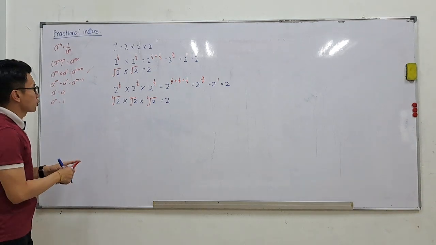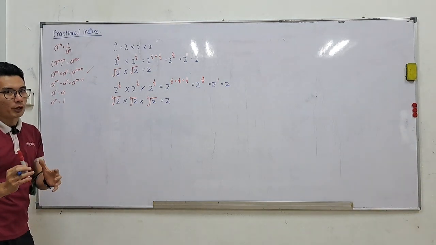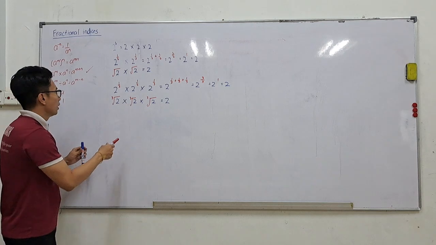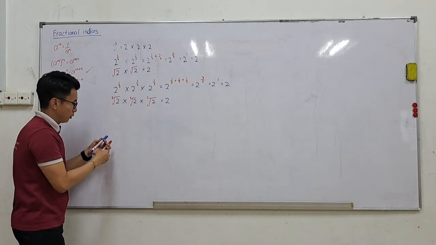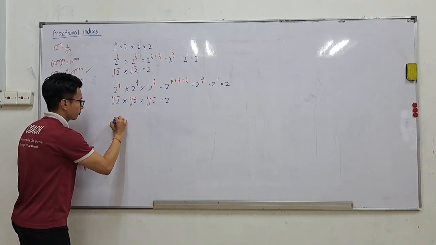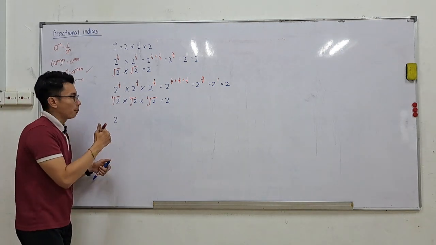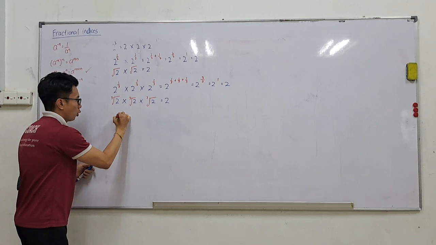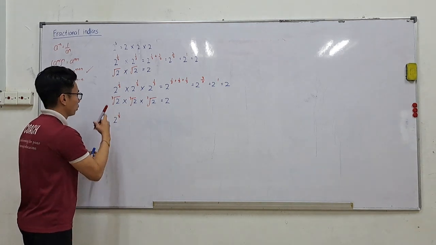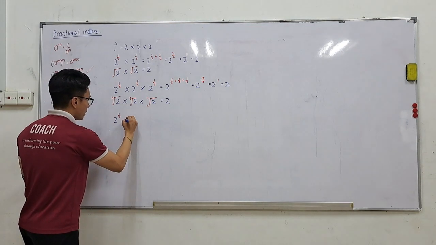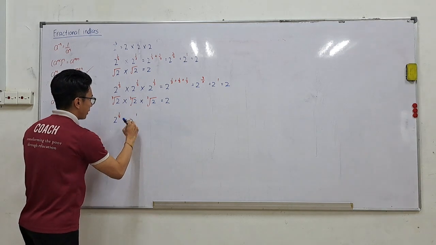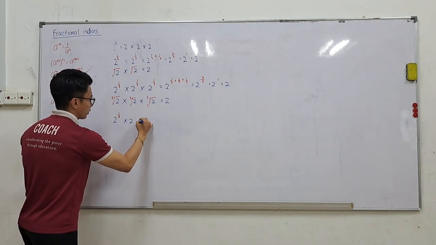For the last example, I'm going to do the same thing, and hopefully you can see the pattern. Again I'm using the number 2, and I'm raising it to the power of 1 over 4. So I am multiplying it by itself 4 times.